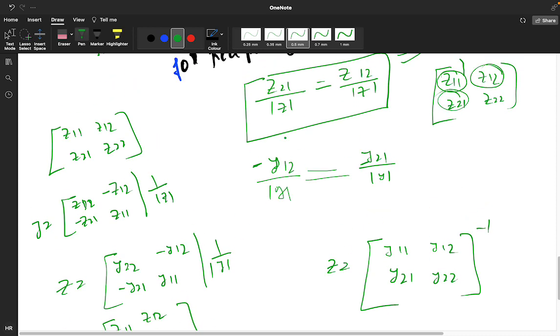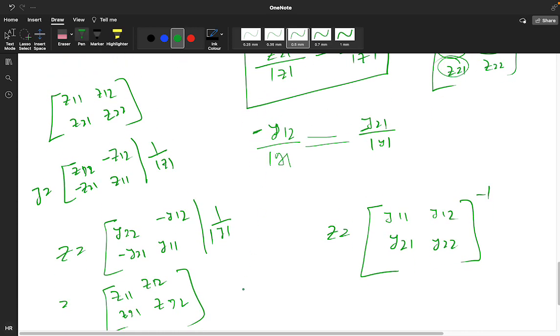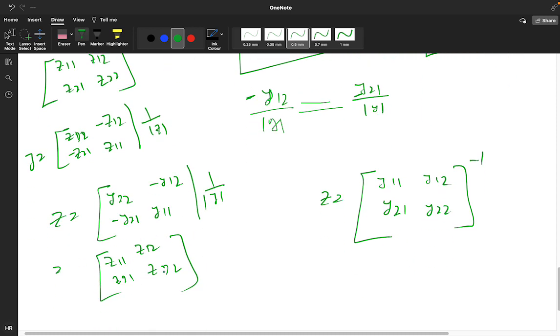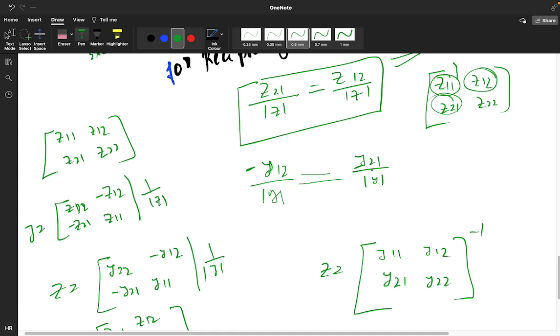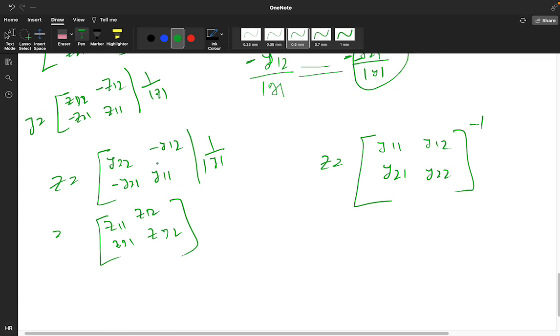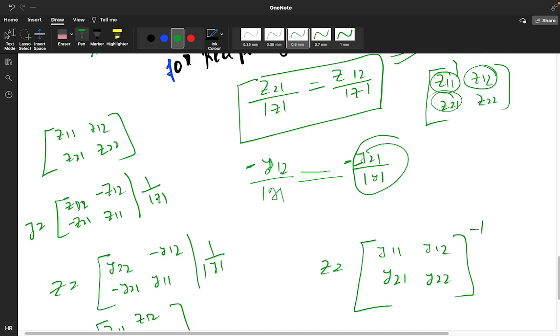Z21 is nothing but minus Y21 divided by determinant of Y. So that's why it's coming minus Y21. Z12 is minus Y12 divided by determinant of Y. So these are the conditions you should know.